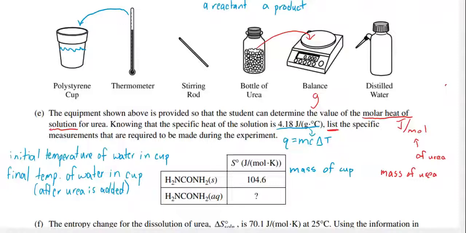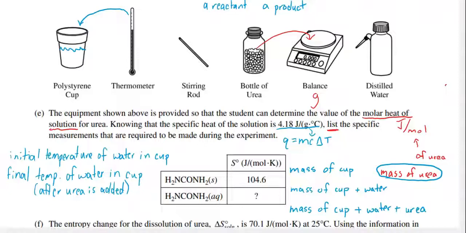Okay, and then I'm going to measure the mass of cup plus water, after I've put some water in the cup. Then the difference between these would give you the mass of just the water. And then I'm also going to measure the mass of the cup plus the water plus the urea. And this is actually how I'm going to get the mass of urea.